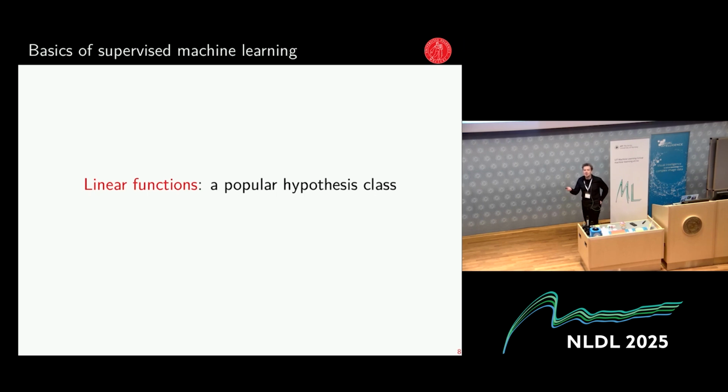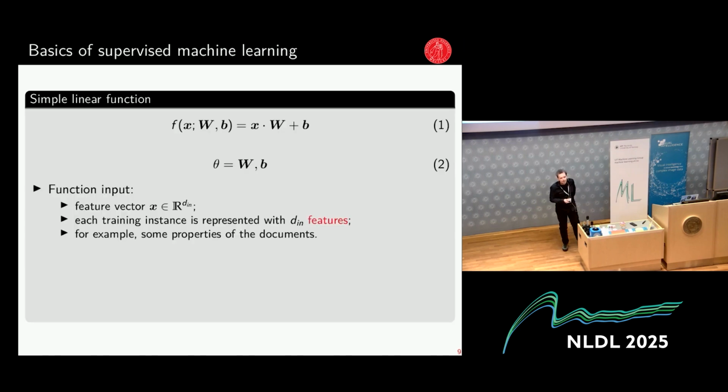And this is the simplest, the most straightforward hypothesis class for supervised machine learning. So a hypothesis that we can separate classes using a linear function, right? It's very simple, it's very straightforward, and it's often enough to solve a practical task at hand.